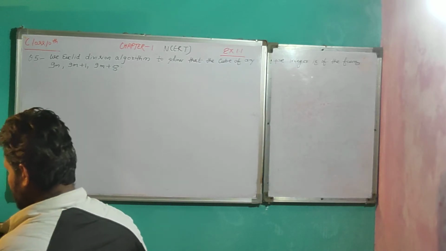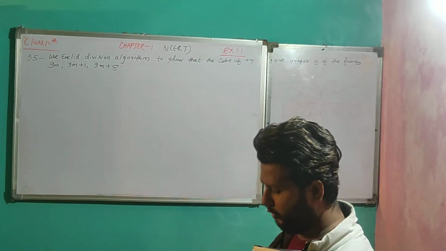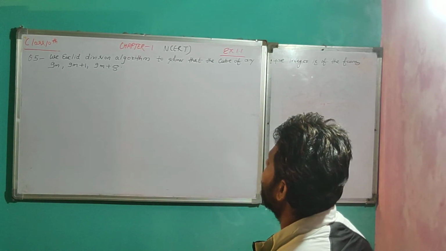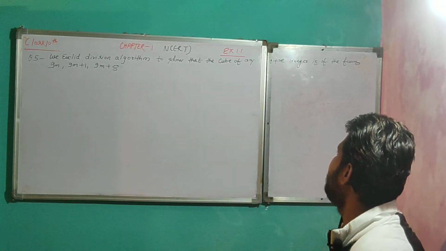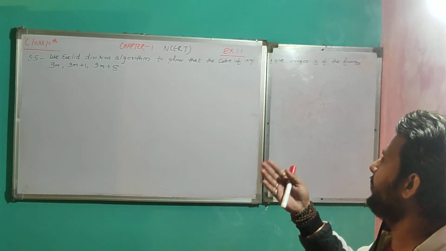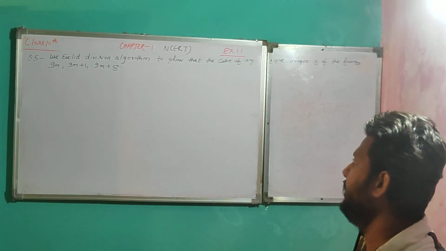So this is our question. We have to prove, using the usual division algorithm, that the cube of any positive integer will be of the form 9m or 9m plus 1 or 9m plus 8.